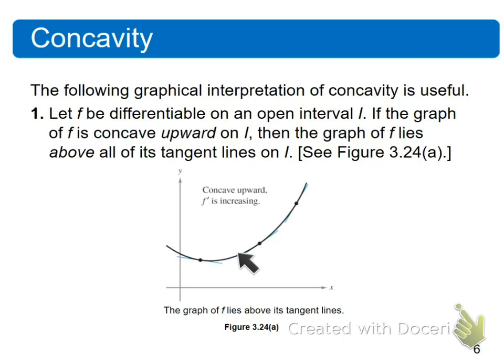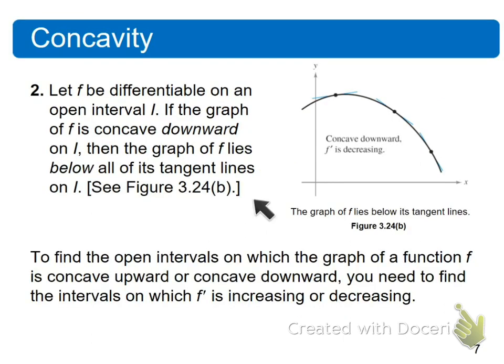So when the tangent lines are below, this is the graph of f. That's concave up. And then look, concave down. I always tell students if I would pour water onto the graph, it would roll off. When the tangent lines are above, it's concave down.